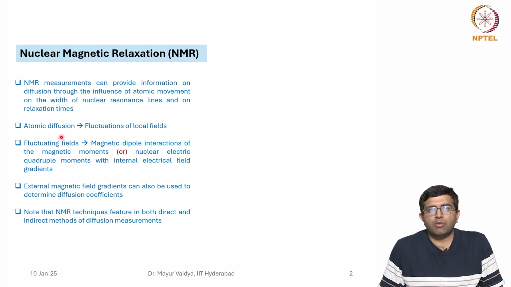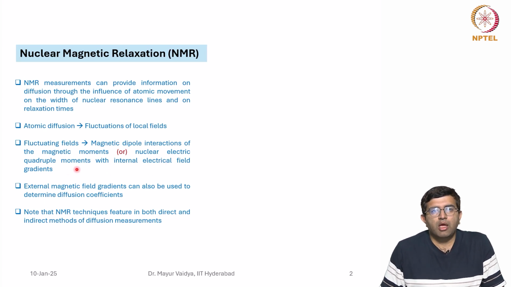Because atomic diffusion implies fluctuations of the local fields. Also, the fluctuating fields imply fluctuating magnetic dipole interactions of the magnetic moments, or of nuclear electric quadrupole moments with internal electrical field gradients. Now, the external magnetic field gradients can also be used to determine the diffusion coefficients.